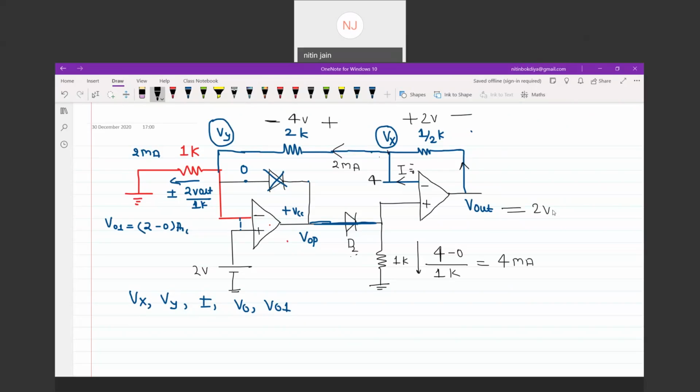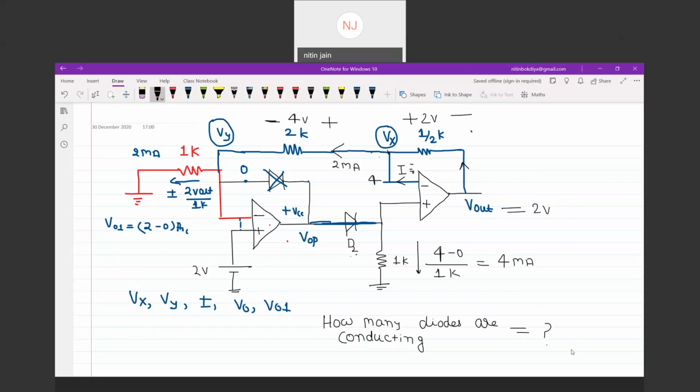If you know how many diodes are conducting, then you can find the value of every node voltage and current. How many diodes are conducting is the answer to the question.